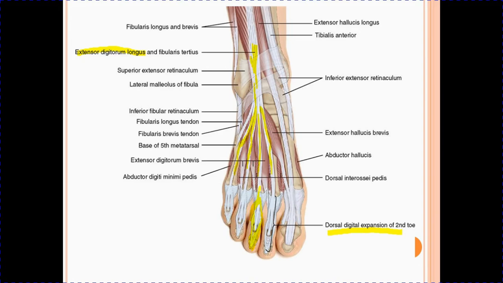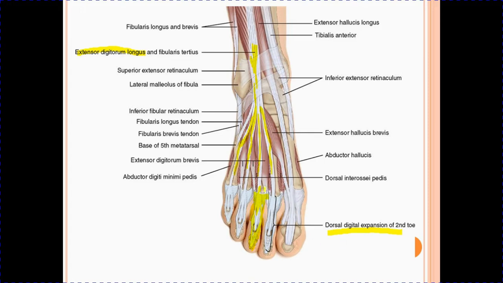It is a triangular aponeurosis formed by the tendon of extensor digitorum longus. So first it split into 4 tendons, then it formed a triangular aponeurosis. This triangular aponeurosis we call the dorsal digital expansion.